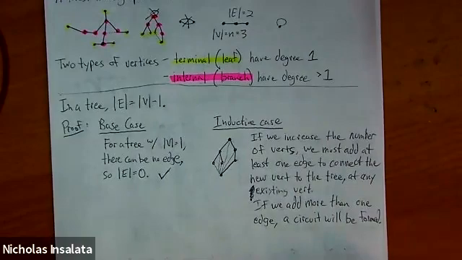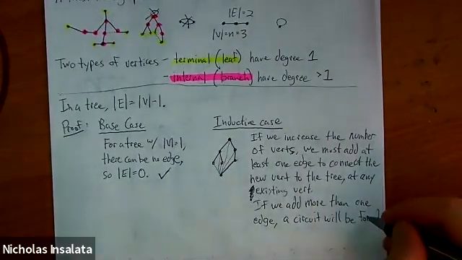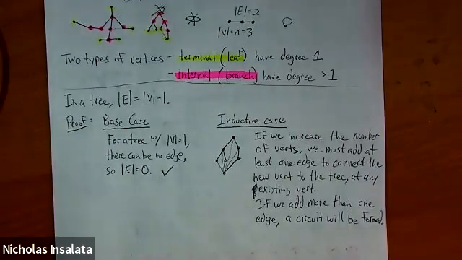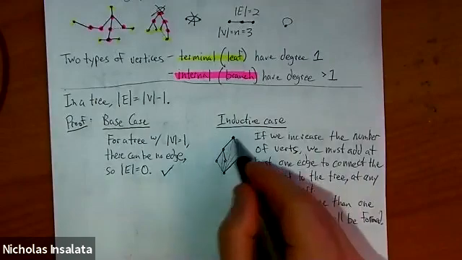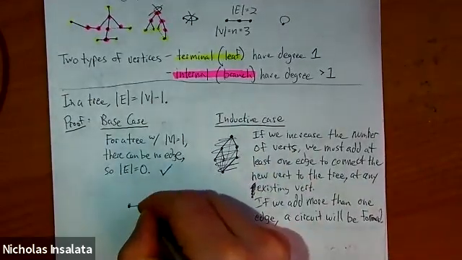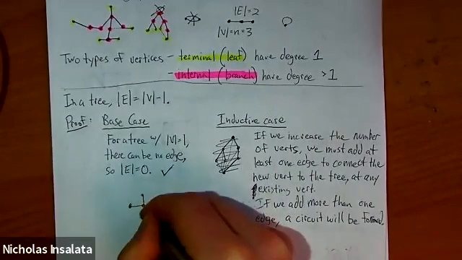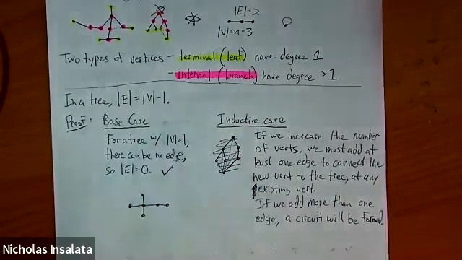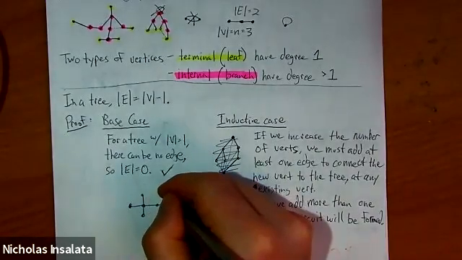Now let's think about that for a minute. Why would that be? I've kind of ruined this with all the lines, so let me do another example. I've got a tree here. There's a tree, and I want to add a vertex here.